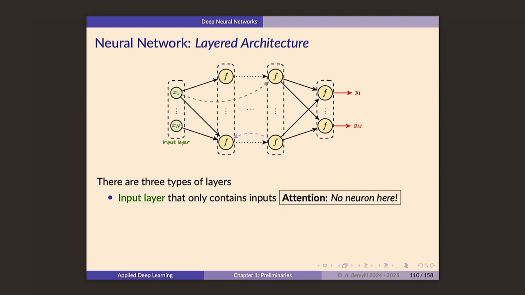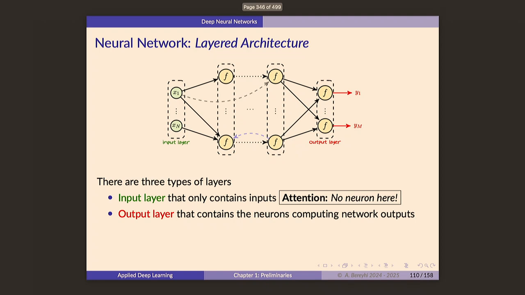So the input layer does not contain any artificial neuron, and that's clear to you, right? X1 to Xn, all of those green nodes, they are not neurons. They do not do any process. This is the value you give to your neural network. It's 1, 2, 3, 0, some number. Clear? But we still call it a layer, and this is the input layer.